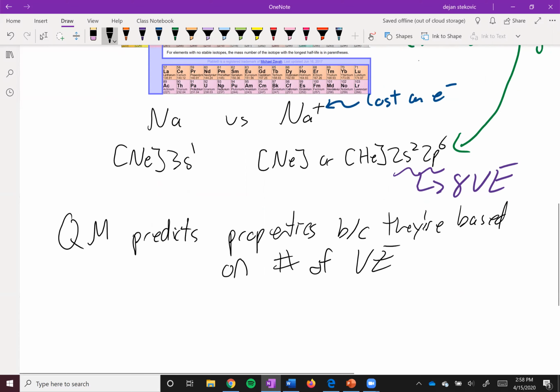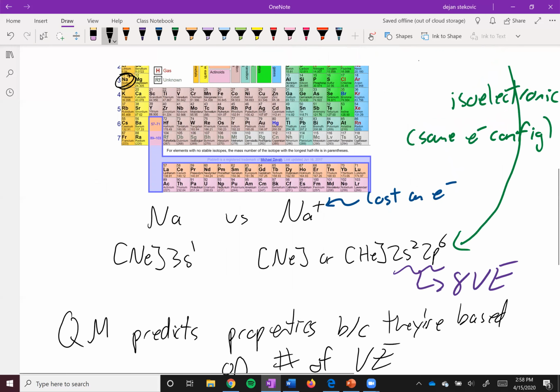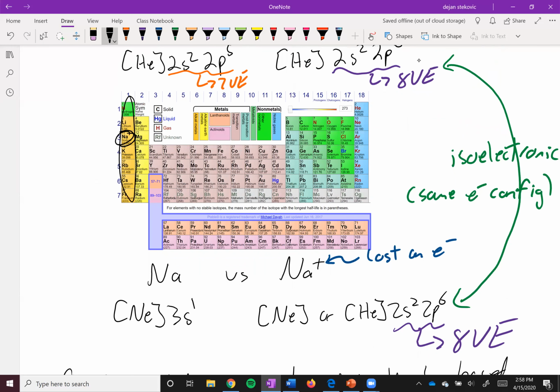Quantum mechanics explains valence electrons and predicts them. Remember back in the beginning of class, we said everything in row 1 is going to be +1. That's because it has 1 valence electron to lose. Everything in row 2 is going to be +2, because it has 2 valence electrons to lose.